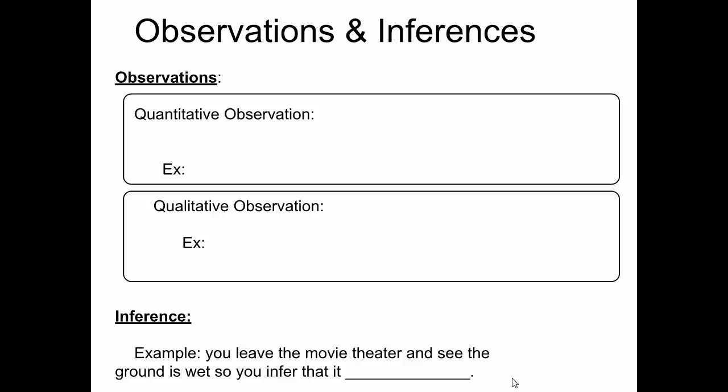All right, so here's our new information, our new stuff we need to talk about. Observations and inferences. We talked in our question today that an observation is information we take in with our senses. We may use tools, we may use our sense of sight or hearing and so forth, but using senses and using tools to gather information.